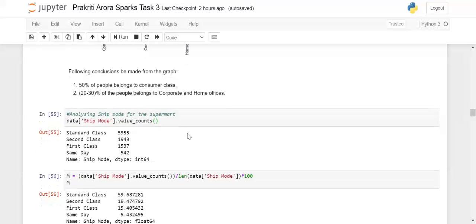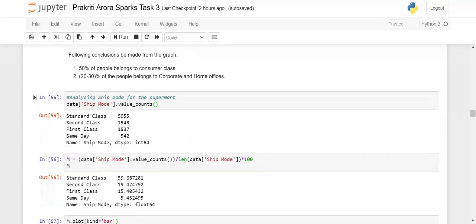Similarly, we'll analyze the ship mode for the supermarket. As we already know, there are four ship modes: standard class, second class, first class, same day.